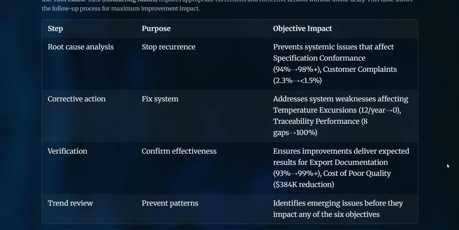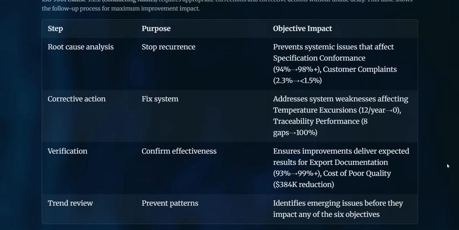First step, root cause analysis. The purpose of conducting root cause analysis is to stop recurrence. Objective impact includes preventing systematic issues that affect specification conformance and reducing customer complaints.